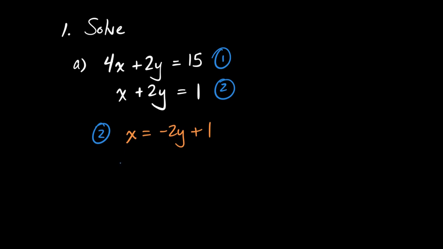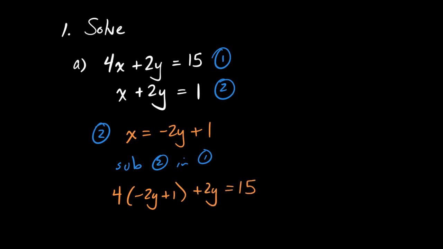When we go through that process of subbing 2 back into 1, it's important to know that all we're doing is getting an equation with one variable. And in that last orange line, you now have an equation with one variable. You have the means to solve that.